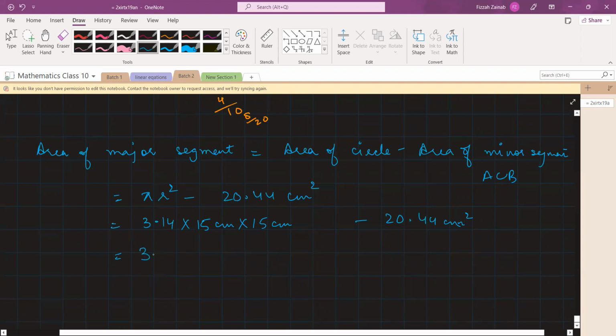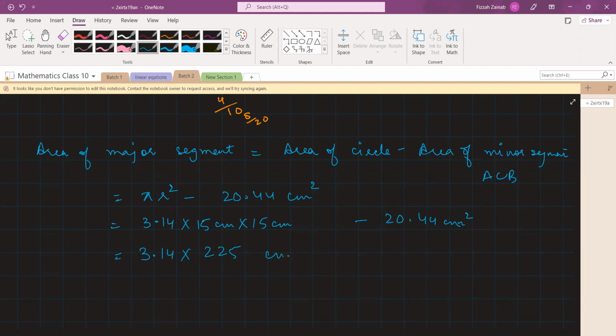So this becomes 3.14 into, this is 225 centimeters square minus 20.44 centimeters square. Okay, again multiply.